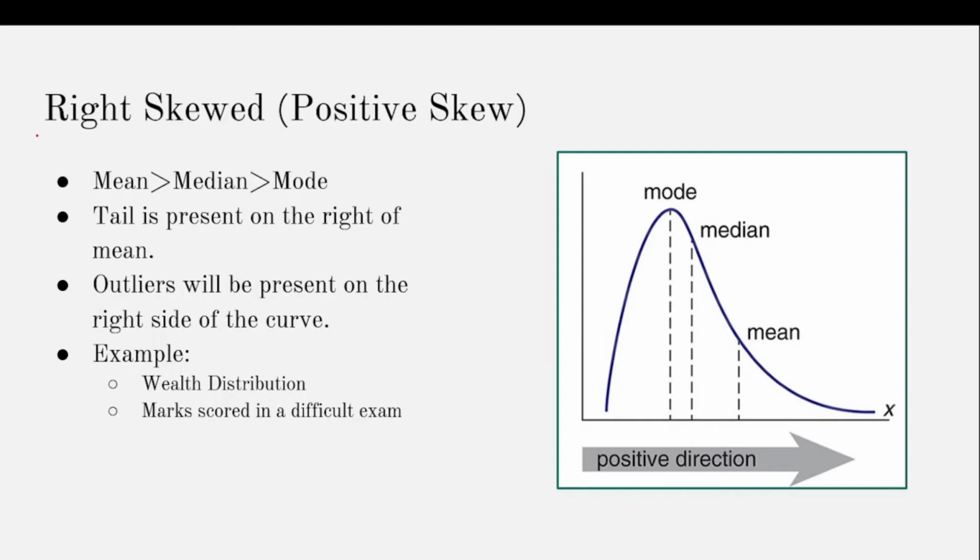Now let us see what a right skewed or positively skewed distribution looks like. Let us take an example of the distribution of wealth in a society. On average, we know that most of the people in the society will have wealth distributed in this region. That is, there will be not much variation in their wealth.